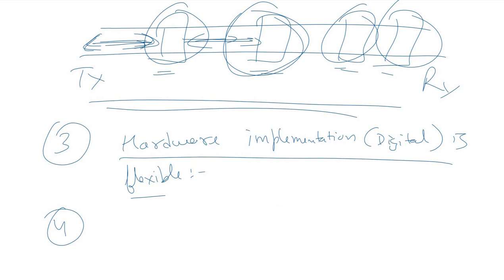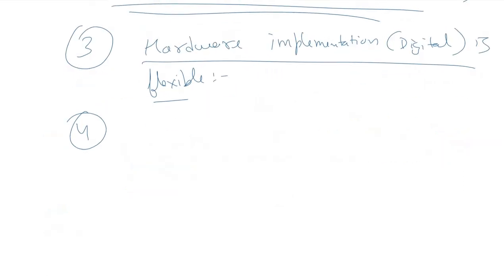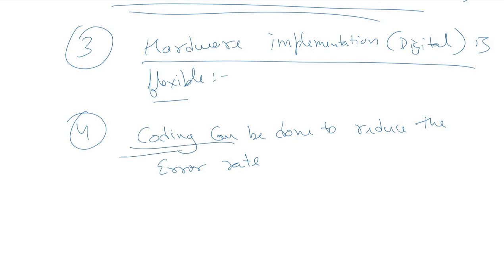Moving on to the next advantage. The next advantage is that digital signals can be coded. Error coding is very easy in digital communication to reduce the error rates.